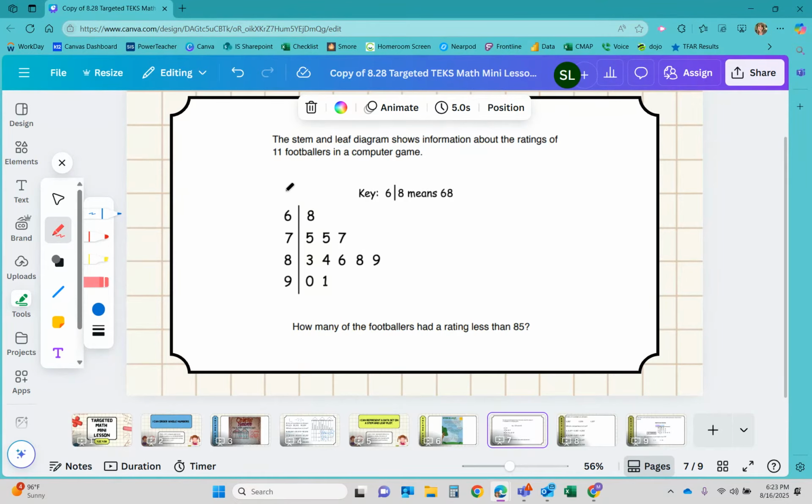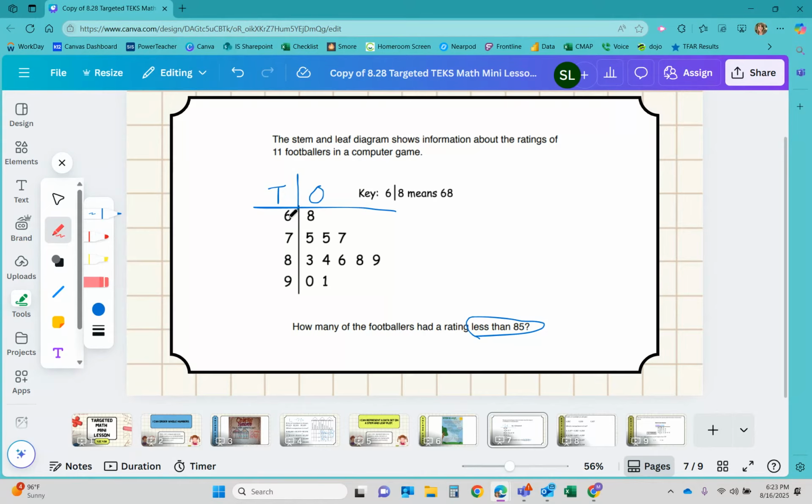Remember, this is our tens place, or our stems, and then this is our ones place. And it wants us to know how many of the footballers had a rating less than 85. I'm going to circle that. Less than 85. So I've got to figure out what is what here, okay?